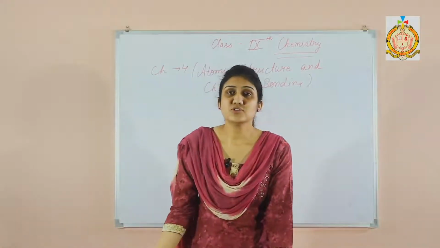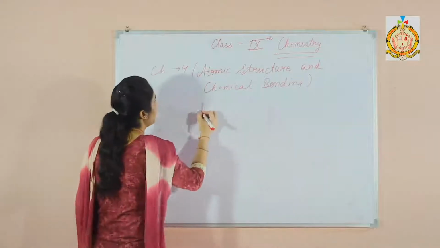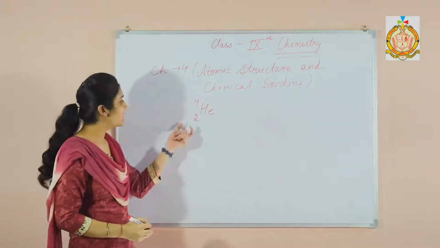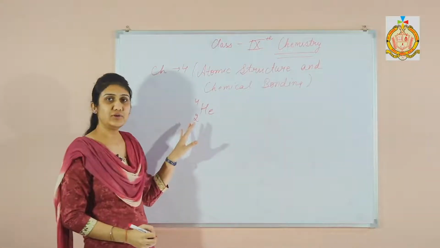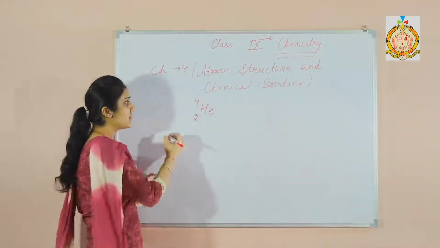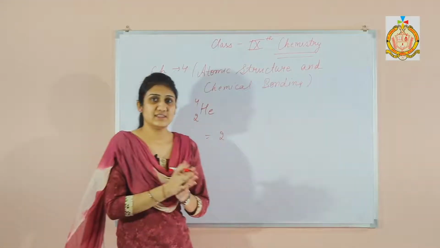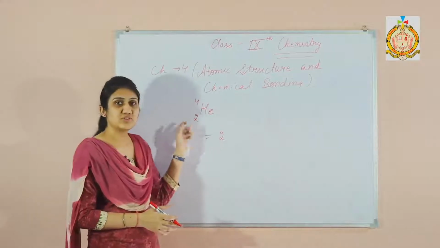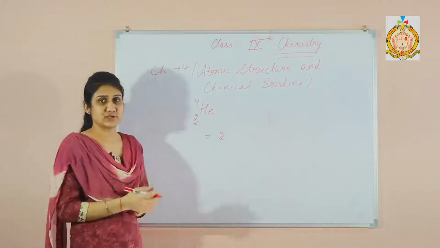Students, the mass of the helium atom is 4. It is observed that the mass of the helium atom is 4, but its atomic number is 2, meaning it has 2 protons and 2 electrons. Therefore, its mass should be 2, because the mass of the electron is negligible, and the mass of the atom must be considered as the mass of the protons, because till then neutrons were not discovered.